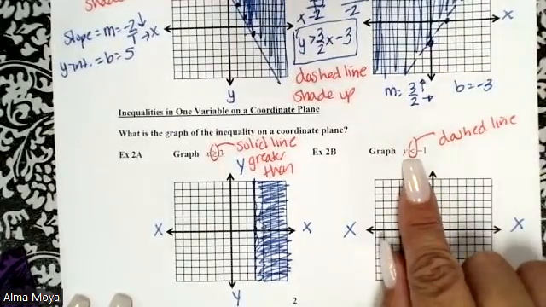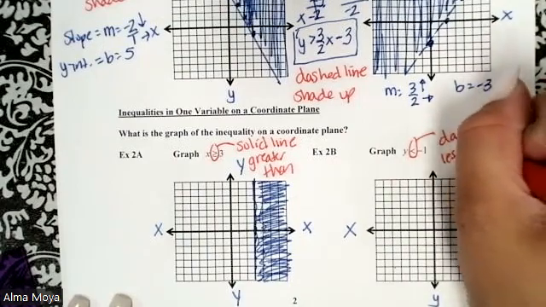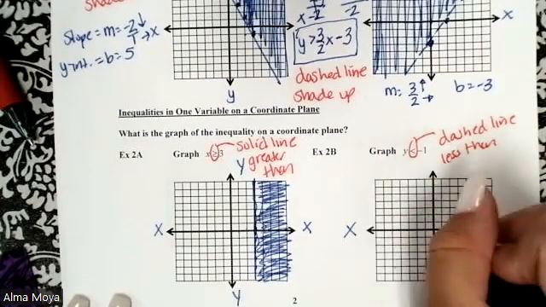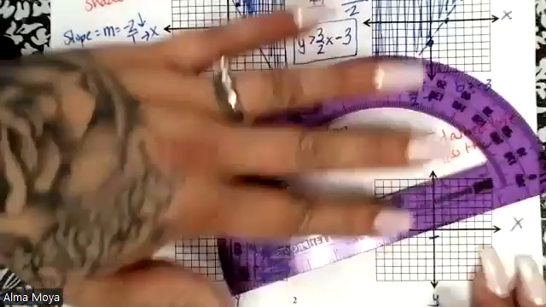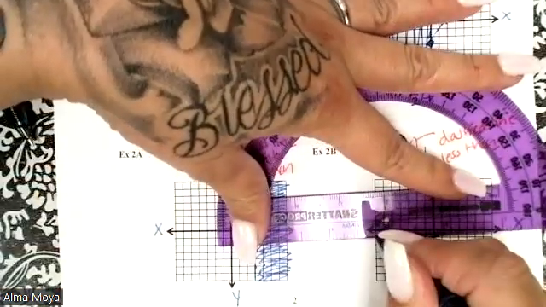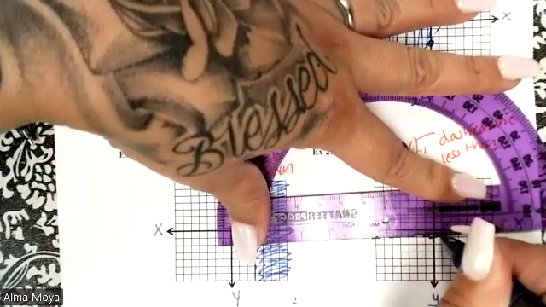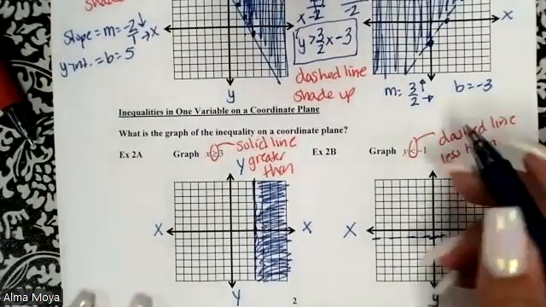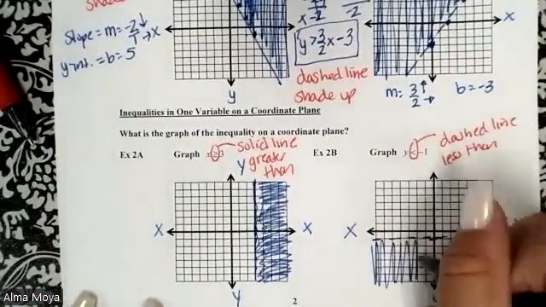And that makes an L for less than. So it's going to be a dashed line at -1. And because it says less than, you have to shade below that dashed line.